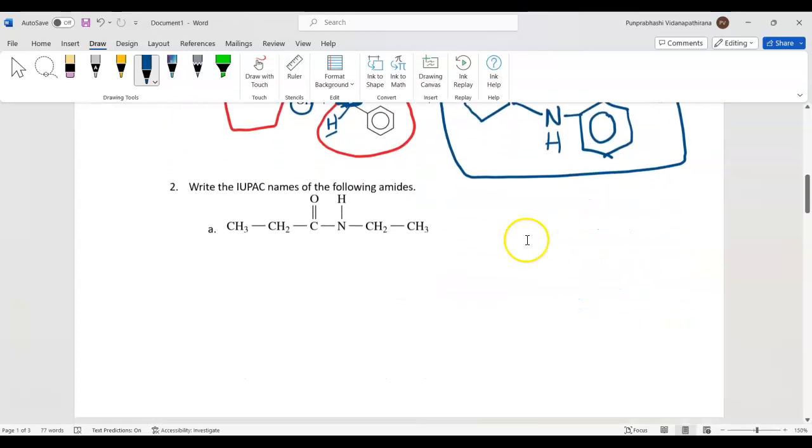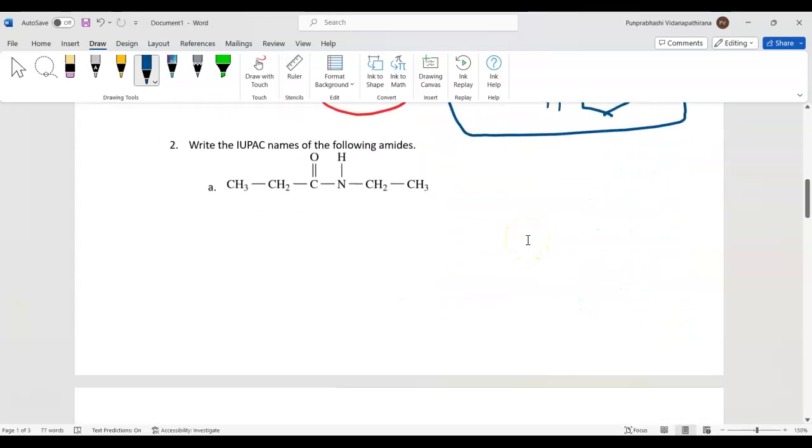Okay. The next one: write the IUPAC names of the following amides. Now, in order to determine the IUPAC name, as I explained in my lecture, first you need to start with the carboxylic acid fragment. Since this is an amide, we are going to change this name into an amide.